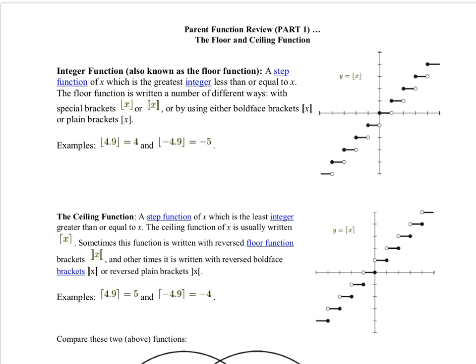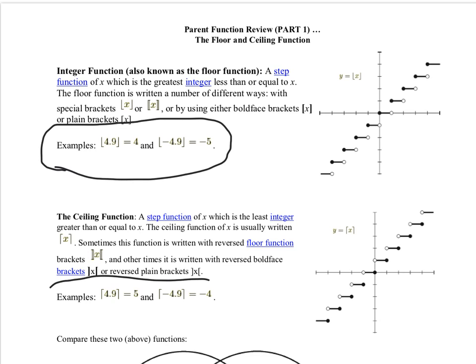All right, so that's basically all there is to these step functions for floor and ceiling. The main thing you're going to need to know how to do is this right here. Make sure you know that if you've got a floor function, you round down, and if you have a ceiling function, you round up. You also need to know the difference between the notations.